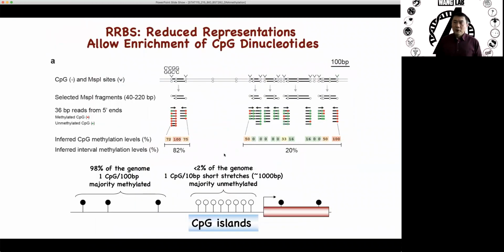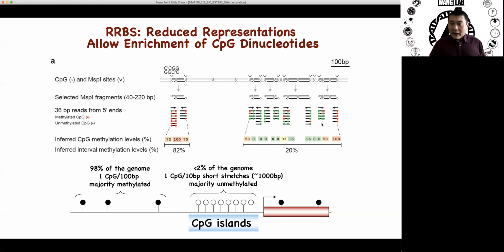One way to combat this is through a protocol called reduced representation bisulfite sequencing. You're still doing bisulfite sequencing, but you try to enrich regions where there are a lot of CpGs, right? What you do is digest your genome using enzymes that recognize high CG content motifs, like MspI, which recognizes CCGG, right?